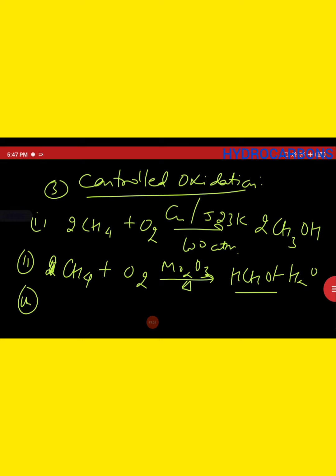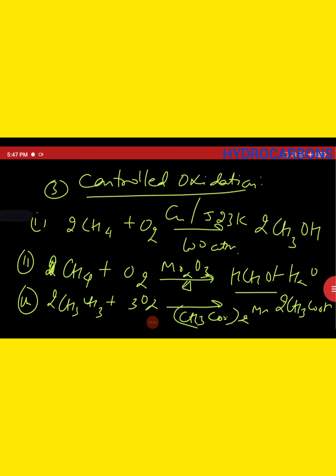And if we carry out the reaction of alkane with oxygen in the presence of the catalyst (CH3COO)2Mn, manganese acetate, then we get acetic acid and 2 molecules of water. So different catalysts result in different products.